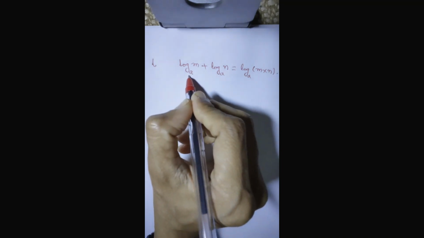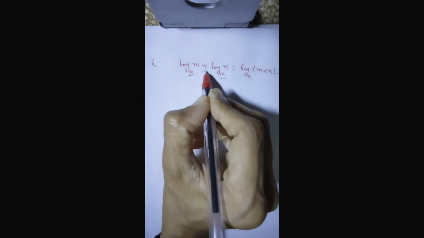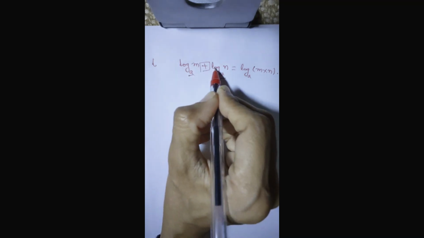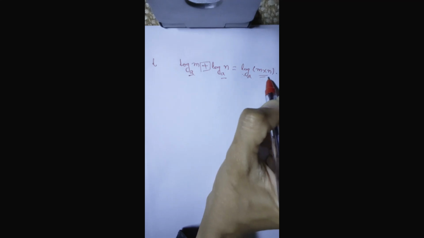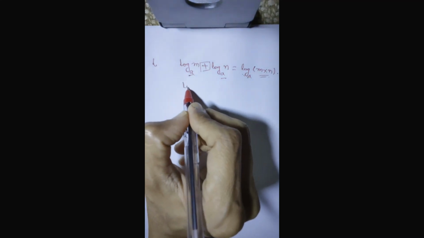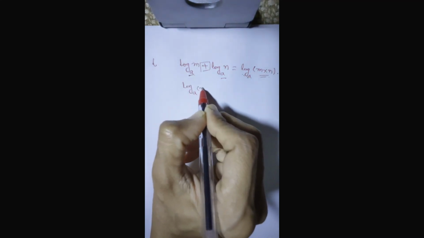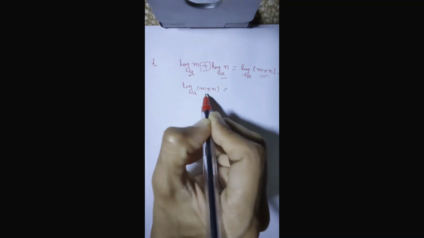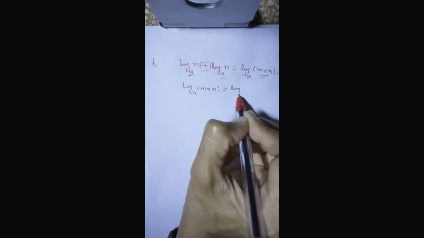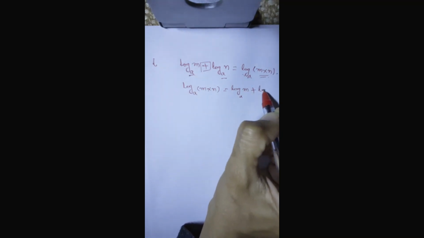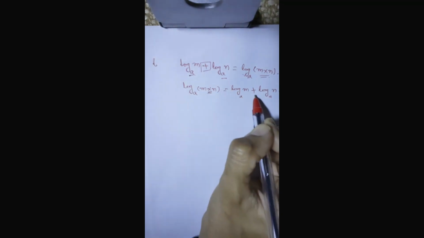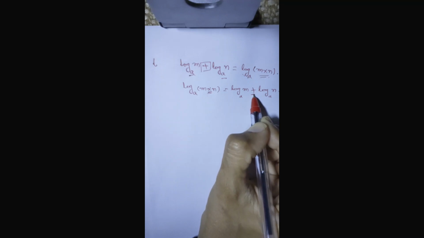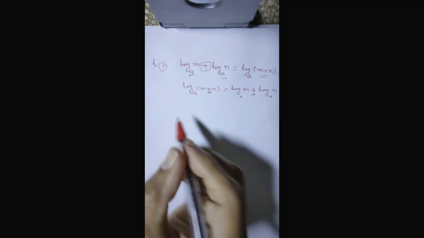So if the bases are the same and we have the addition symbol between two log terms, then we can combine the logs by multiplying, or vice versa. If you have log to the base a of m into n, if you have multiplication here, then we can expand the log by adding log to the base a of m plus log to the base a of n. So this multiplication sign changes into the addition sign. So this is the one law.